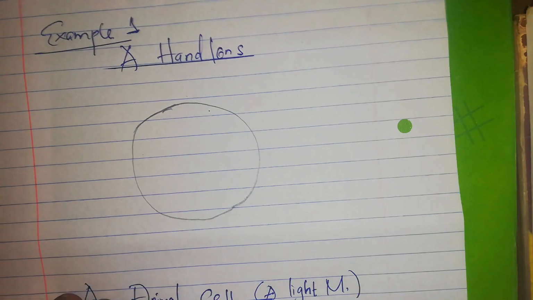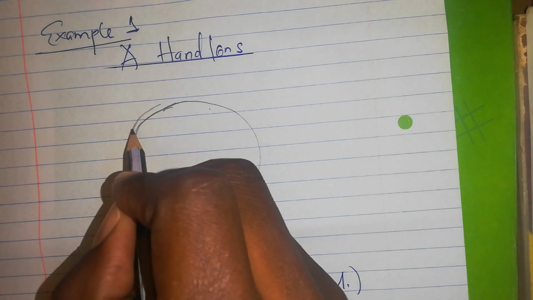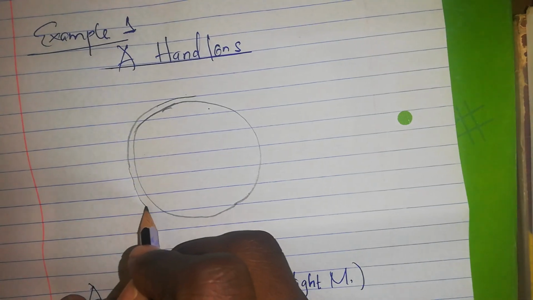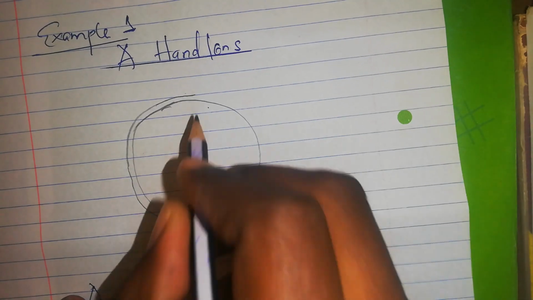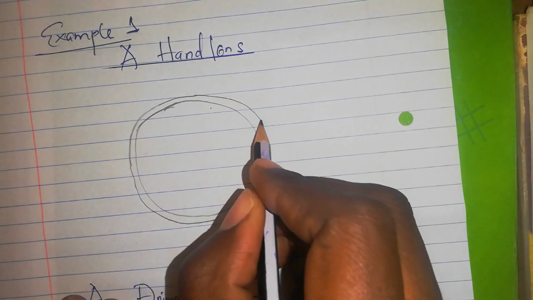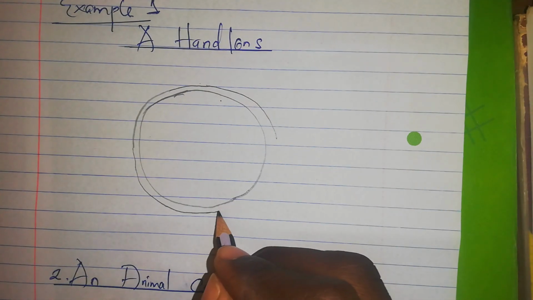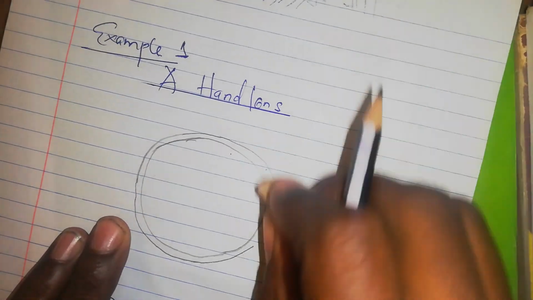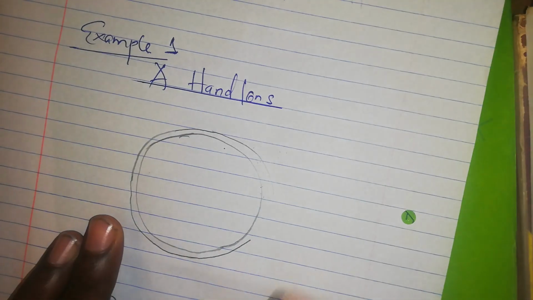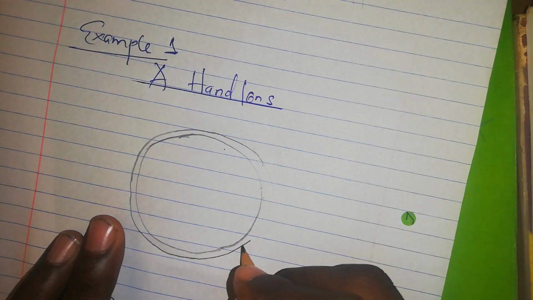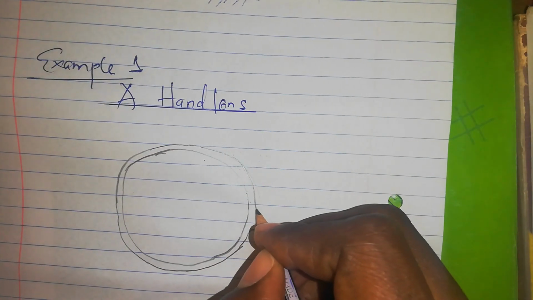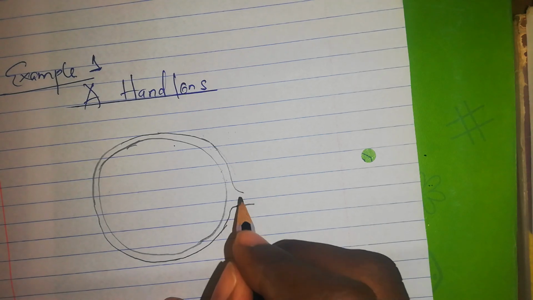I'm drawing it using a free hand. That is the frame. In case you have your rubber, you must ensure that you are a bit accurate.